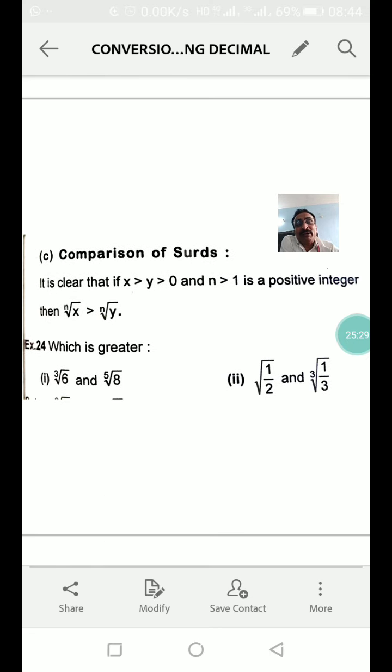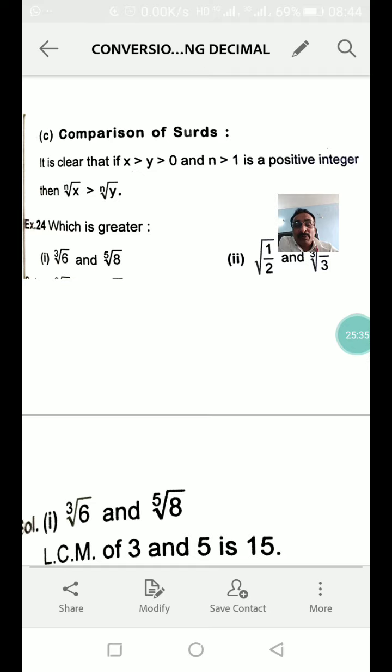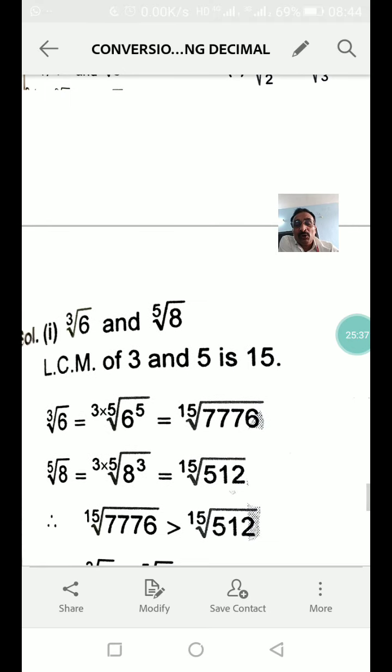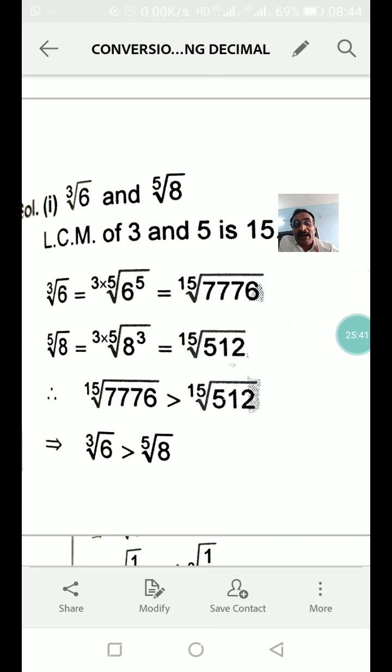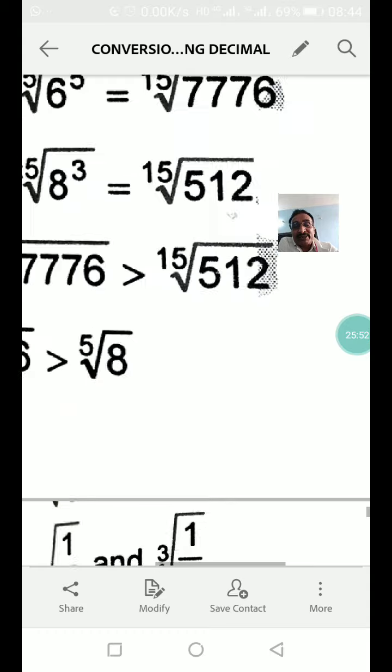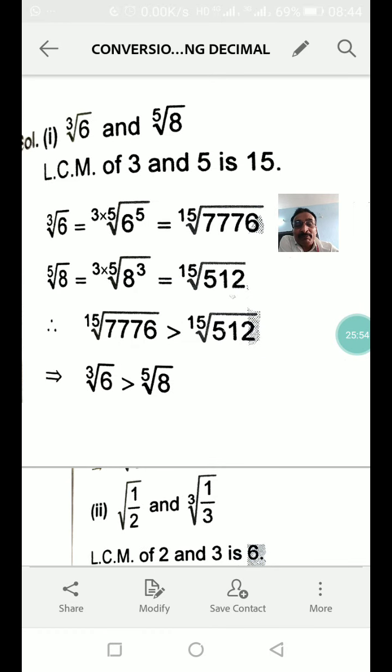Now you can also do comparison, who is greater and who is smaller. In this condition you also make them the same order. Just like the cubic root of 6 and the fifth root of 8, who is greater and smaller? After making them the same order, you get the cubic root of 6 is greater than the fifth root of 8.